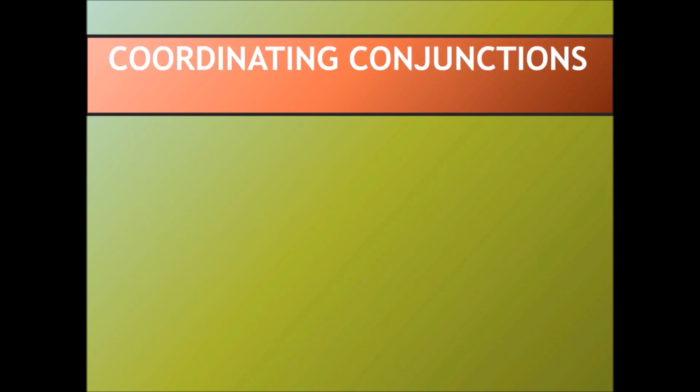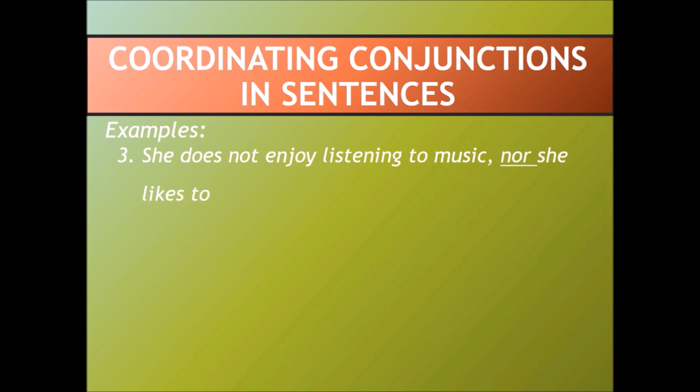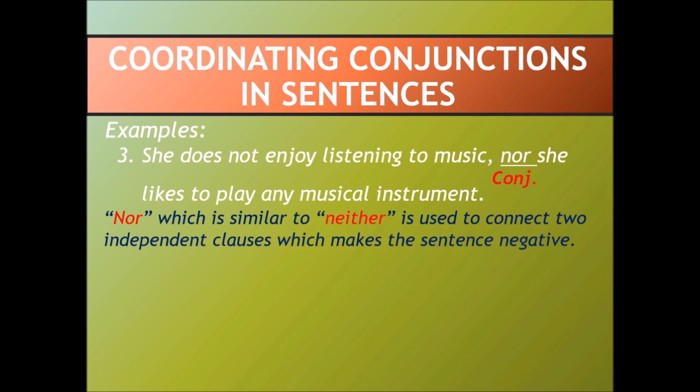Let's continue using conjunctions in sentences. Now we have the third example. She does not enjoy listening to music, nor she likes to play any musical instrument. Nor there is a coordinating conjunction. So nor, which is similar to neither, is used to connect two independent clauses, which makes the sentence negative.